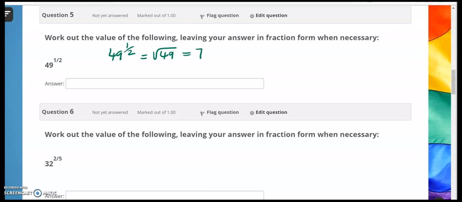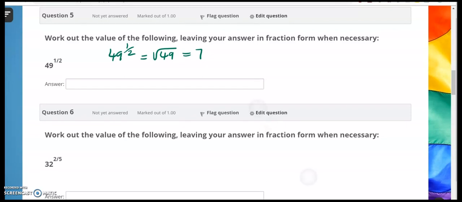Looking into proof or a way to remember if you've forgotten the rule, I'm going to use an example. If we have, for example, 3 times 3, where 3 has a power of 1, that gives us 3 to the power of 2, which also equals 9, or 3 squared.